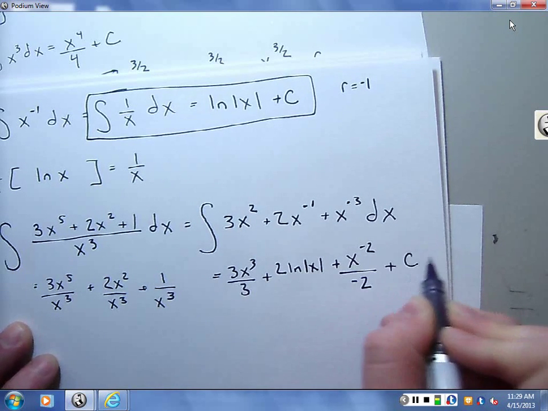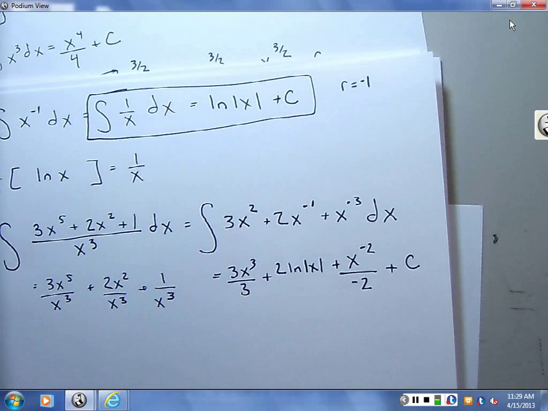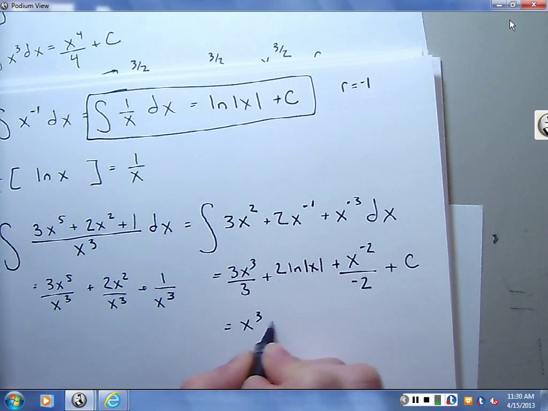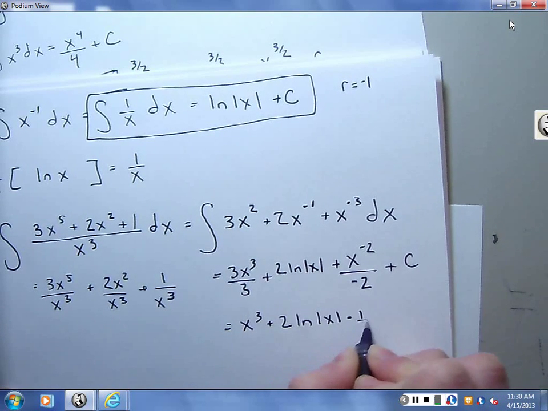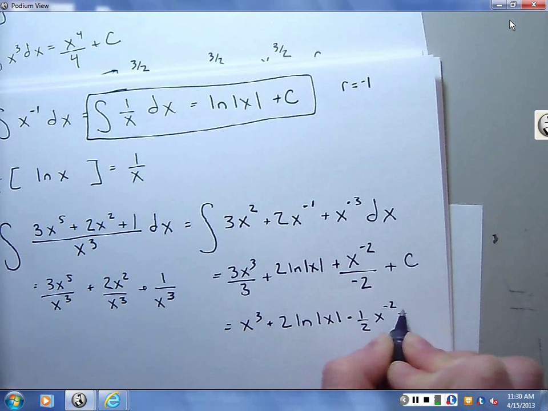It's a little different, right? Because it's negative 3 plus 1. Negative 3 plus 1 is minus 2, and I divide through by that same power. So we end up with x cubed plus 2 ln absolute value of x minus 1/2 x to the minus 2 plus c.